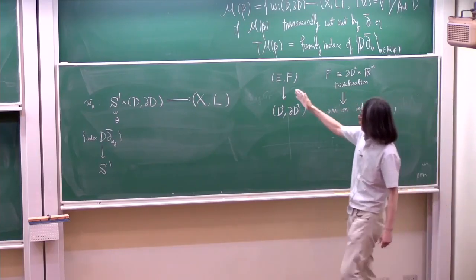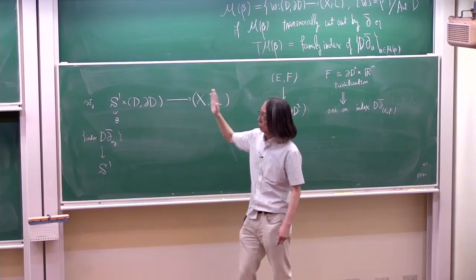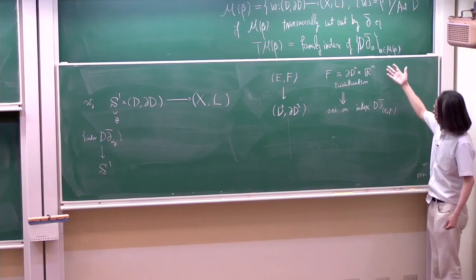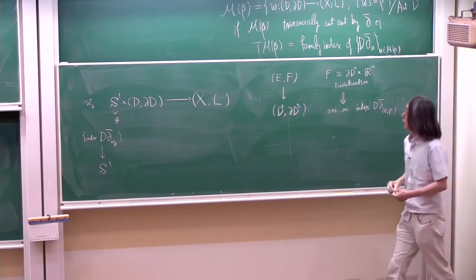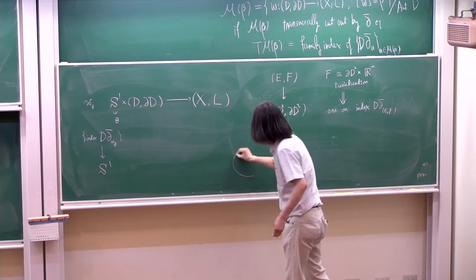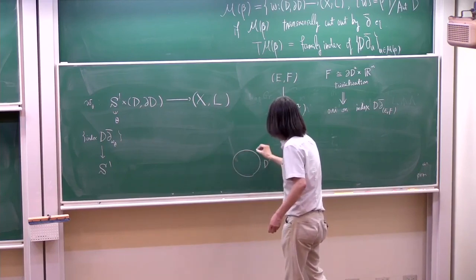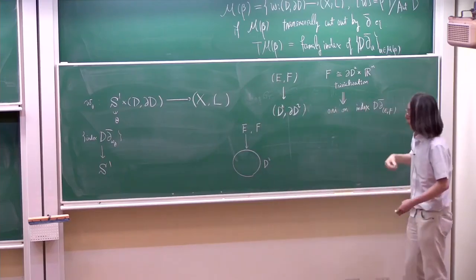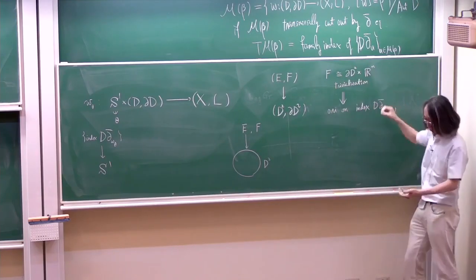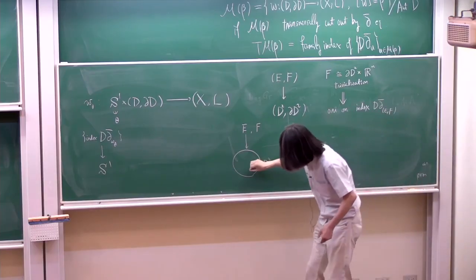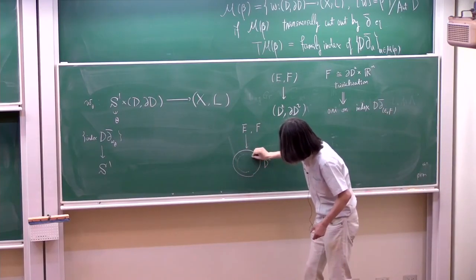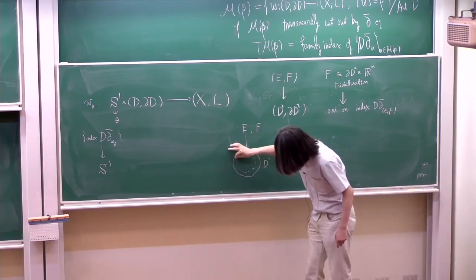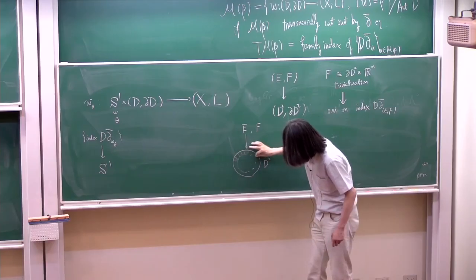And then in this case, how to give a consistent family of trivializations? That is a topological problem. So anyway, you have a trivialization and you have this. Why is such a thing true? So I have a disk here, and originally I have this E and F. But because I assume F has a trivialization, if I consider a certain concentric circle here, then we can actually trivialize the bundle E over here, right?